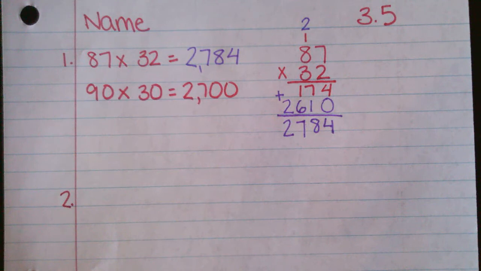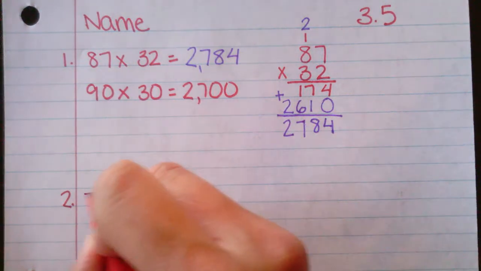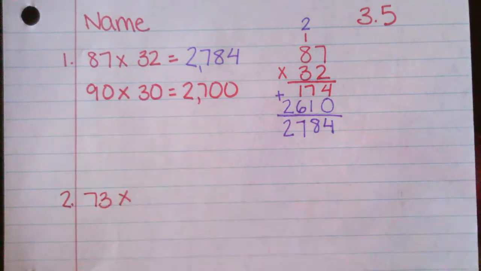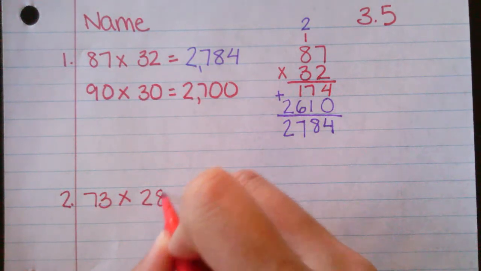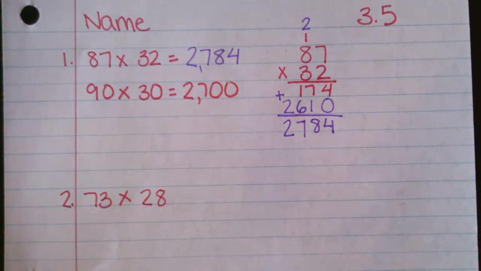Number 2 is 73 times 28. So again, we have to come up with our estimate.